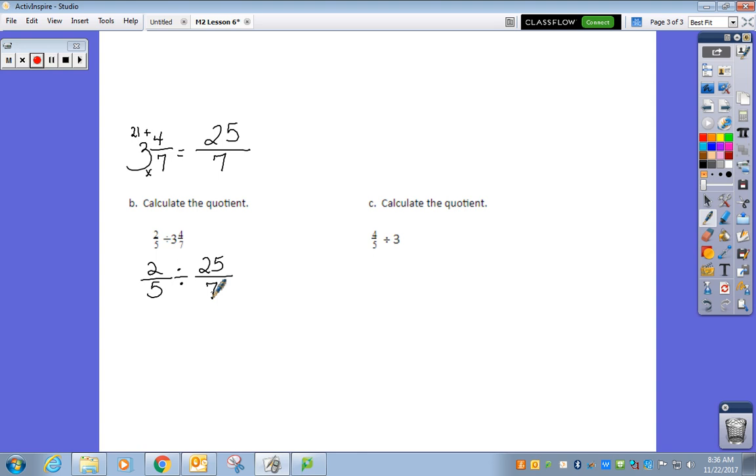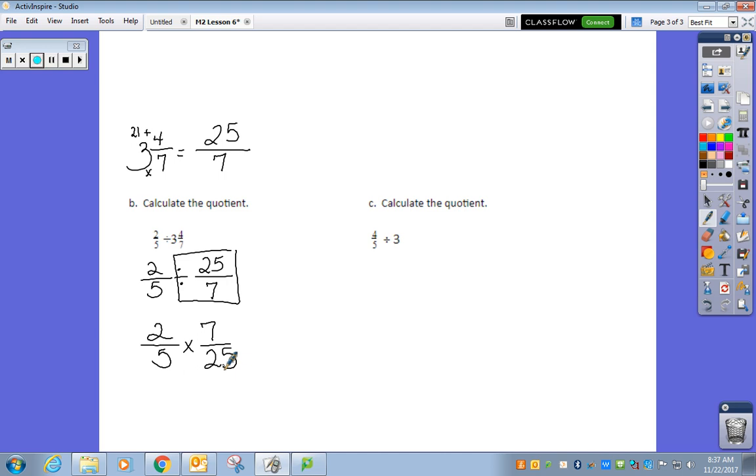I'll do this first one with the reciprocal method, and I'll do the second one with common denominator. So instead of dividing by 25/7, I am going to take my 2/5, keeping my dividend the same, changing my division into multiplication, and finding the reciprocal of 25/7, which is 7/25.